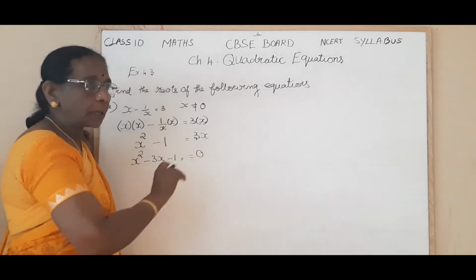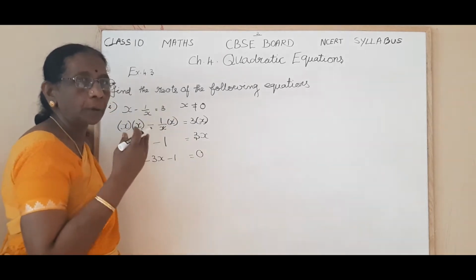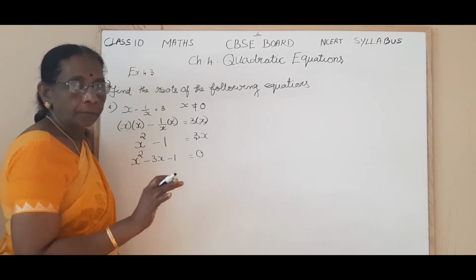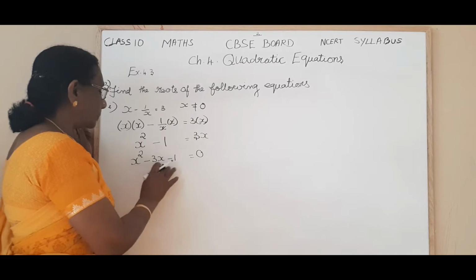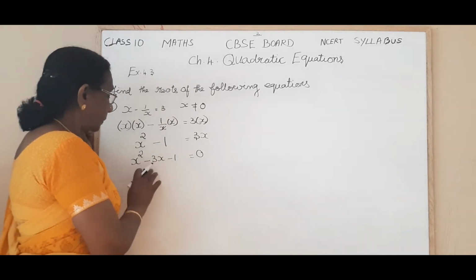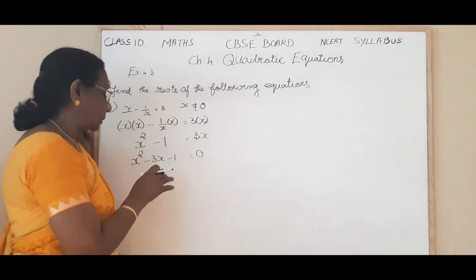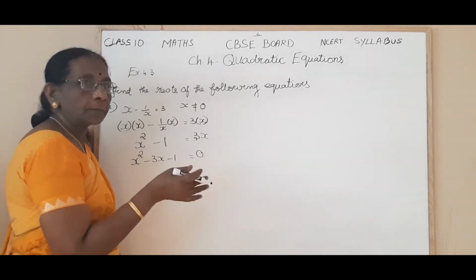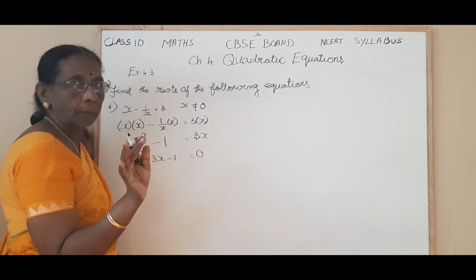After writing the given equation in standard form of the quadratic equation only, you can proceed to find the solutions of the equation. Now see here, x squared minus 3x minus 1. You can find the solutions of this equation either by the factorizing method or by the quadratic formula method.